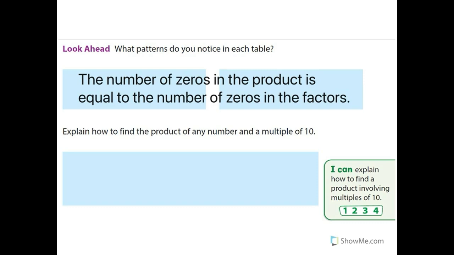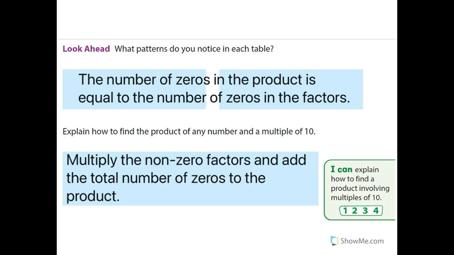And they want us to explain how to find the product of any number and a multiple of 10. Here's what I'm going to say, and it's a little different than what they say: multiply the non-zero factors and add the total number of zeros to the product. And here's the example that was on the other page.